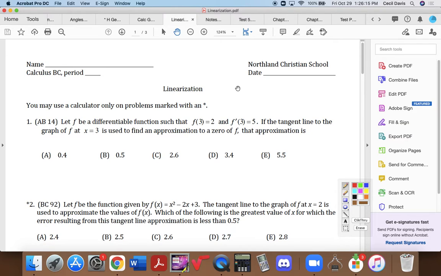Number 1 is C. Number 2 is D. Number 3 is 0.6. Number 4 is 1.03.